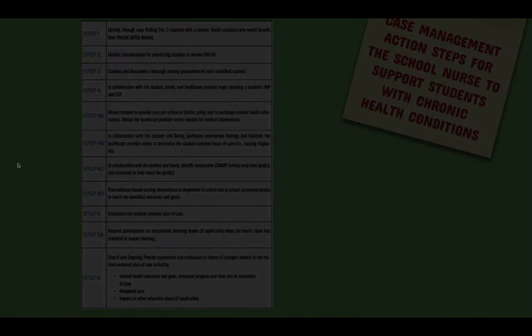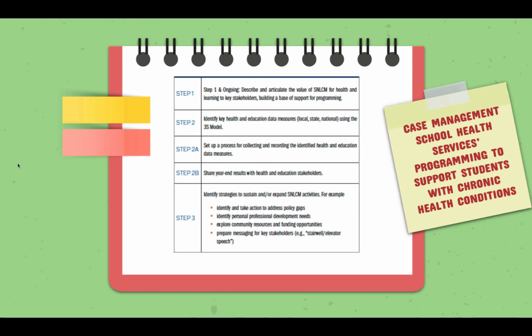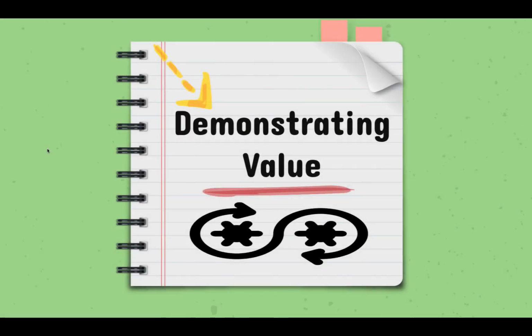This is in your manual. And then we also have a step-by-step to help you sustain your case management program in the school setting. If you are a nurse manager, you can share it with your nurse manager, or if you are not a manager but you're a school nurse designated as manager, use it to sustain your program once it's in place. So you can refer back to those things as needed.